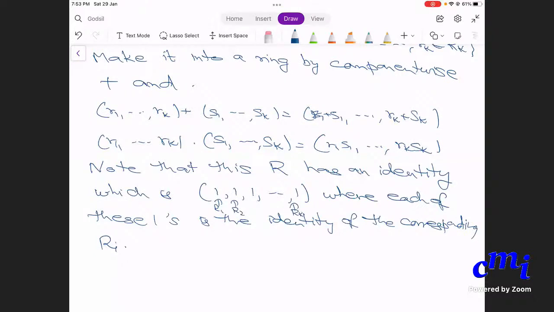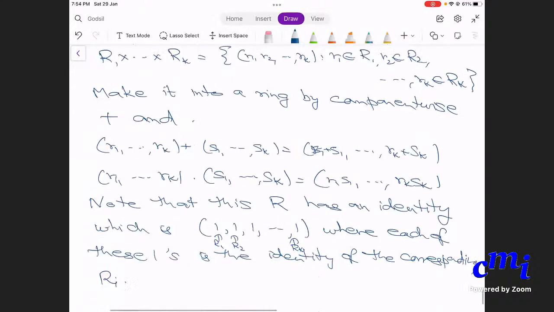And one can check that this tuple is actually an identity for this ring. So this becomes a commutative ring with identity. You have to check the usual things: addition, associativity, distributivity. Everything will follow from the fact that originally the Ri's are rings. So this will also become a ring. So this is the product construction for rings.